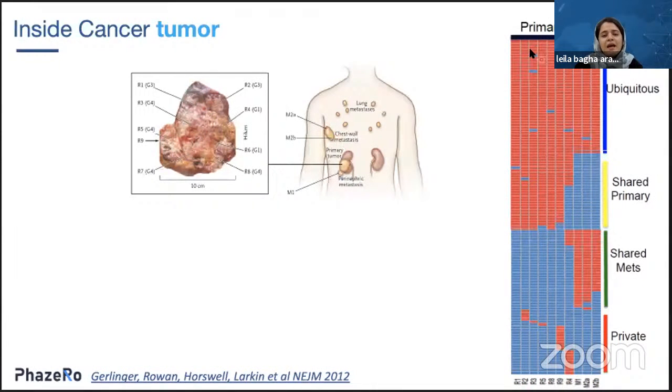Also, there are some mutations that can only be found in the metastasis area, and some that can only be found in the primary tumor and did not mutate in the metastasis area.